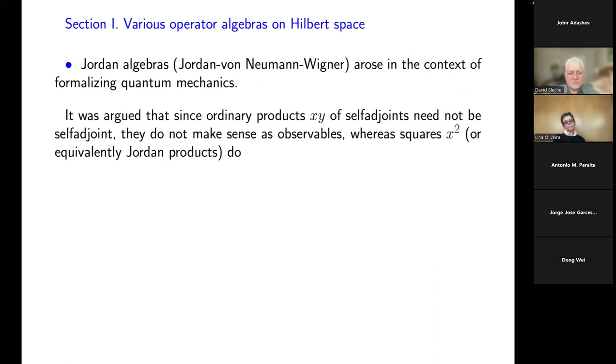Of course, Jordan algebras arose in the context of formalizing quantum mechanics, and it's unnecessary to say to this audience that Jordan products make sense in the observables in quantum mechanics, whereas regular products do not.